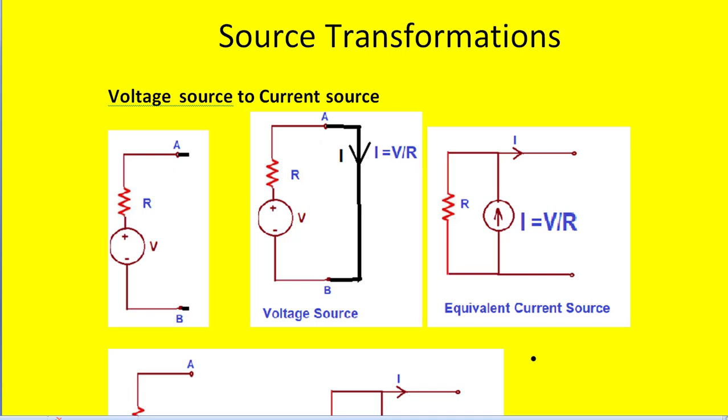Coming to the necessity, while solving circuits, if Kirchhoff's voltage law or mesh analysis is used to solve a circuit, then if voltage sources are available, the analysis will become easy.